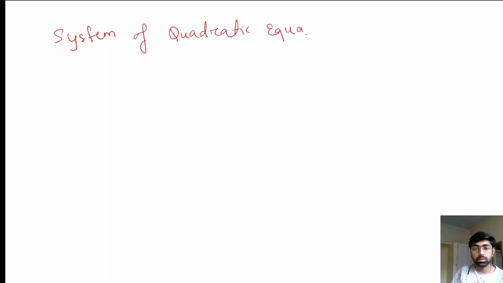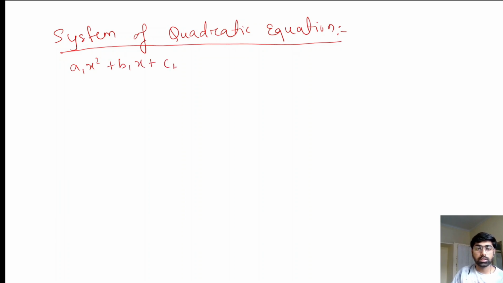Now suppose that we have a system of quadratic equations. Suppose we are given two quadratic equations, which are represented as a1x square plus b1x plus c1 equals 0, and a2x square plus b2x plus c2 equals 0.